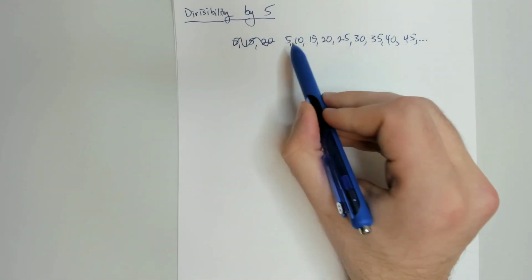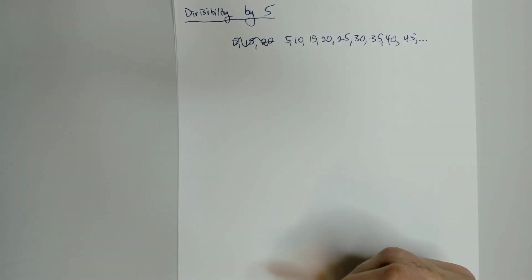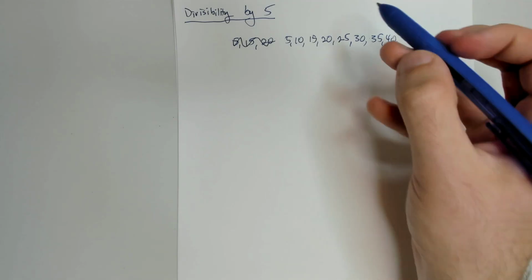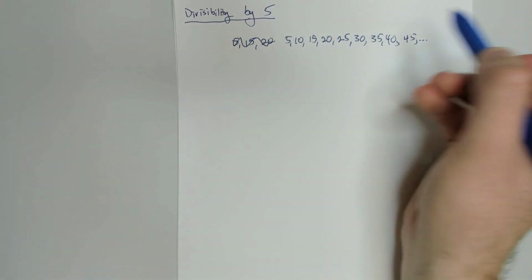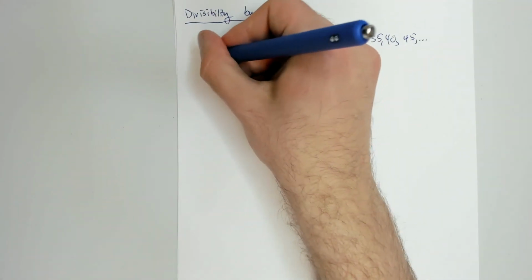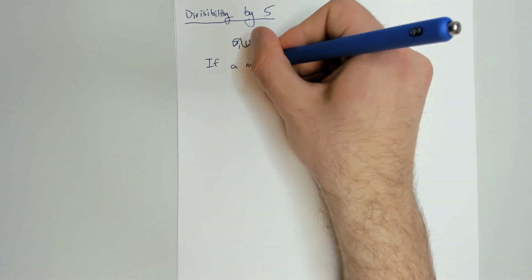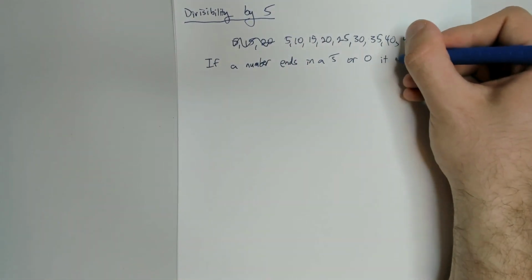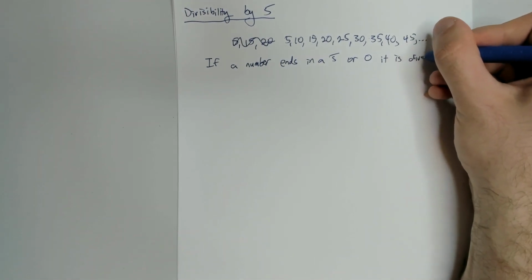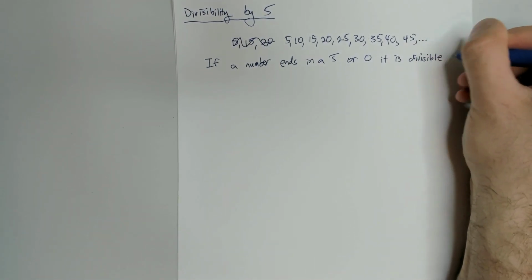So what do we notice about all these multiples of 5, or all these numbers that are divisible by 5? Well, they all end in a 5 or a 0, right? And it alternates. So we can say then that if a number ends in a 5 or 0, it is divisible by 5. So this is a fairly simple divisibility rule.